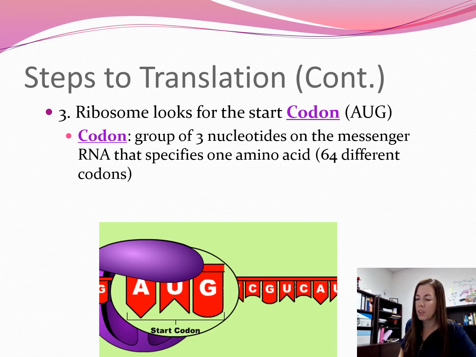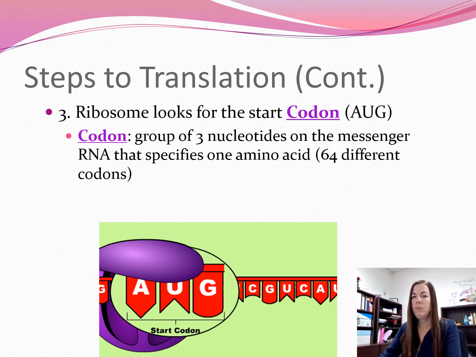This is very critical that you know that in this process there's a start codon. And a codon is just a group of 3 nucleotides on the messenger RNA that specifies for a specific amino acid. So there are 64 codons. So the ribosome will look for a start codon.